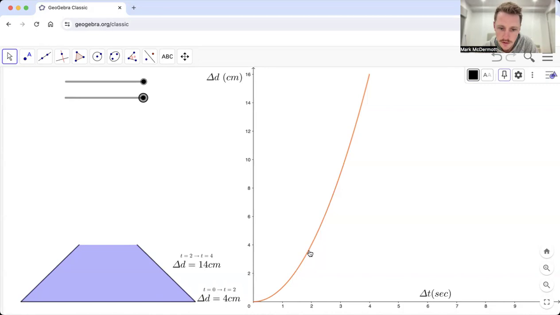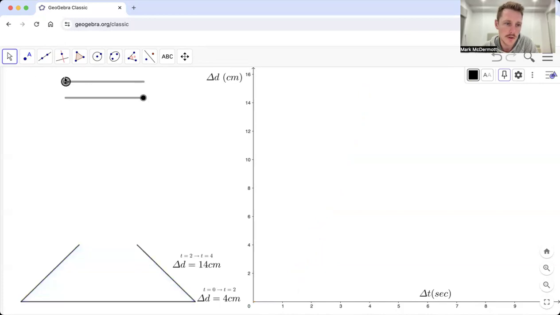So, yeah, the depth only increased by 4 in a period of 2 seconds. However, between 2 seconds and 4 seconds, we went from 4 all the way up to 16. So the rate of change of depth with respect to time was much larger between 2 and 4.